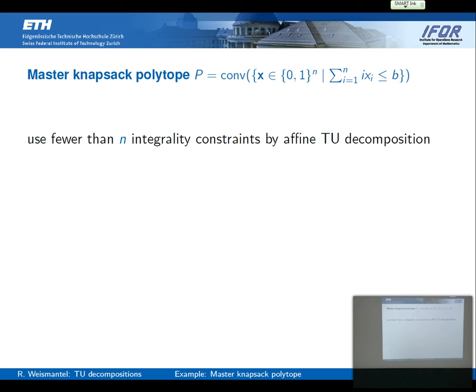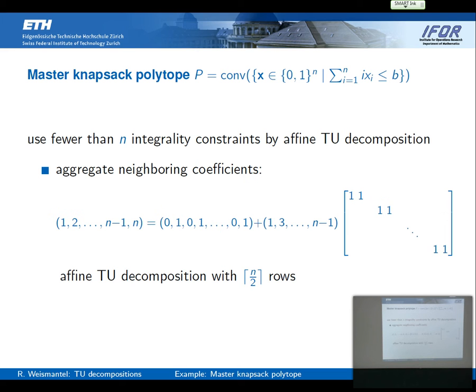Now what you can do is the following. The first attempt is that you can directly see trivially that you can go down from n to n divided by 2, because you can take this master problem and write the vector of coefficients such that you always take two consecutive items.